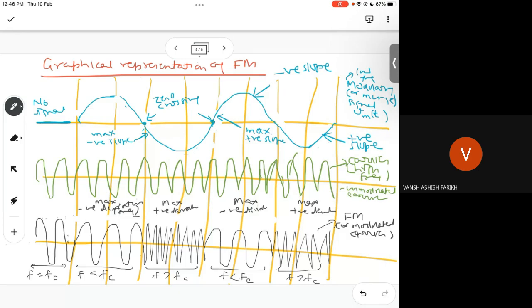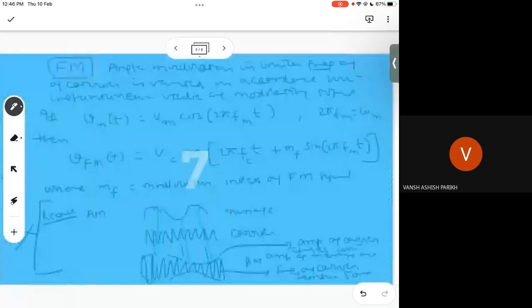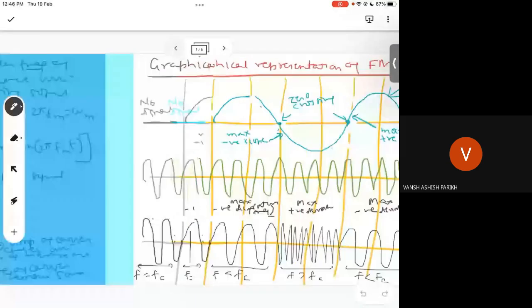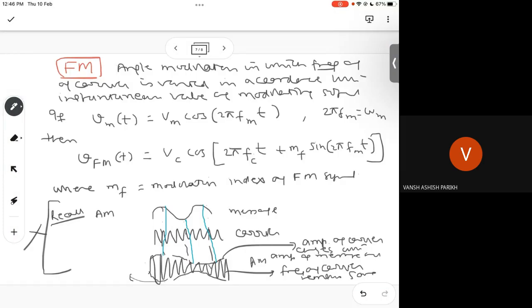Suppose I gave you two signals, one which looks like this and the other which looks like this. By the naked eye, I could easily say this is an AM signal because the amplitude is varying. The frequency remains the same as the carrier, so in this case F is equal to FC, the carrier frequency.